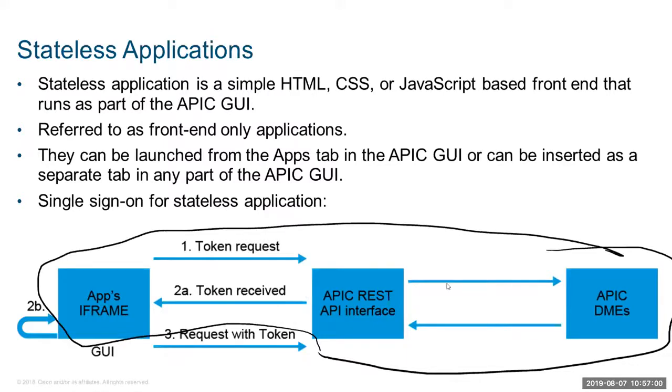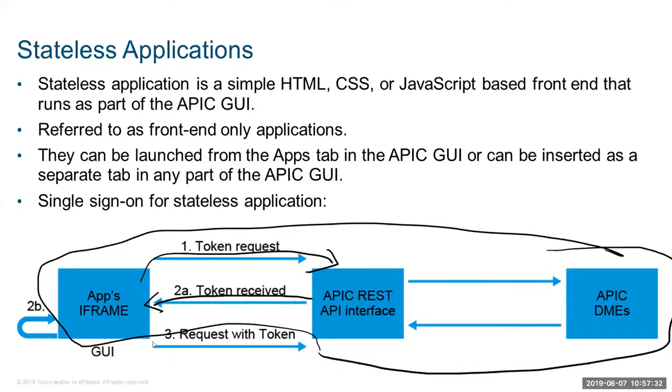Though you see it as three different entities, you're going to browse to the GUI. You're going to be logging in first, and then you click on the app. Okay. And using the same credentials, there's a request being sent to the APIC server for a token. And you can see the token is received.